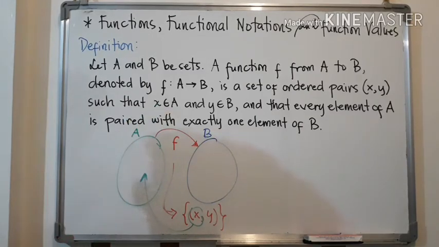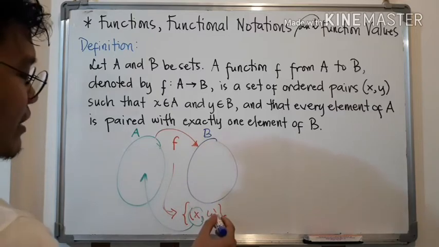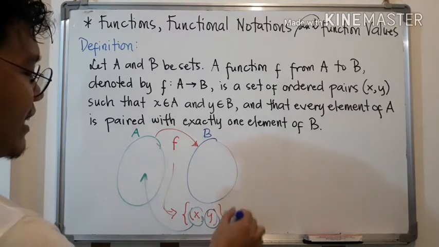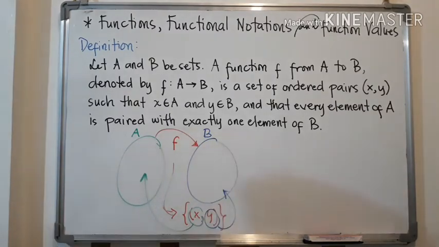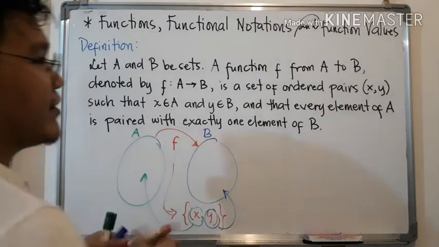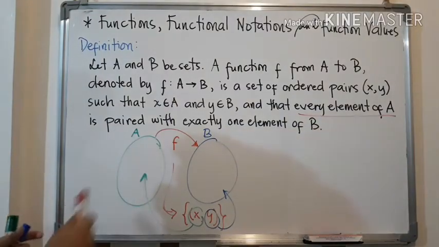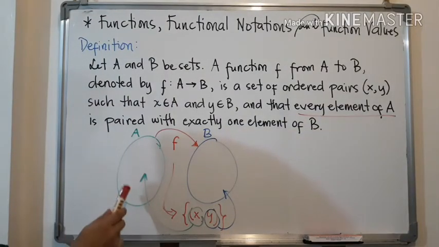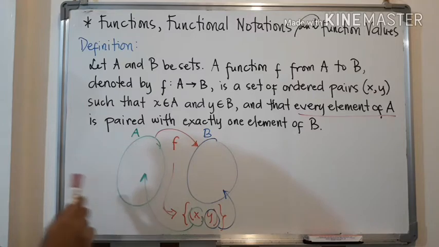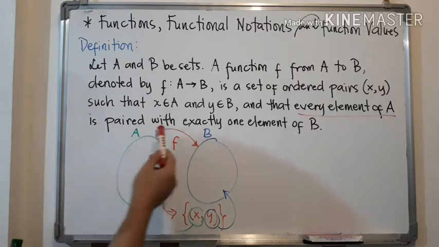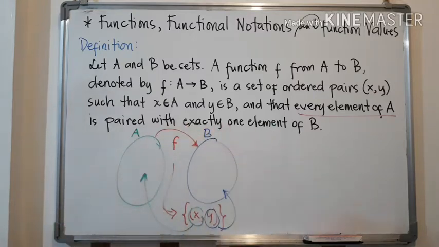And the y coordinate is an element of set B. And this is very important in the definition of function. Every element of A, sabihin, so lahat ng elements ng A is paired with exactly one element of B.